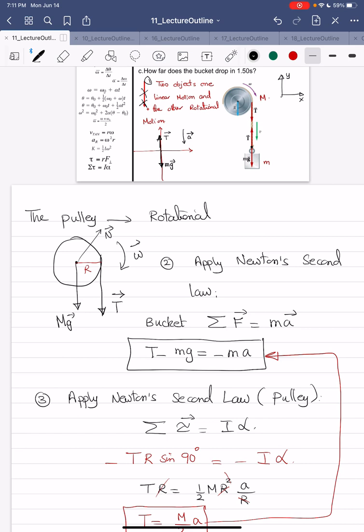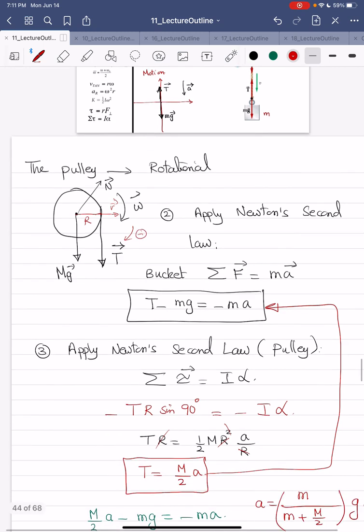If I ask you to draw a free body diagram for a pulley, you know that there is the weight and there is the normal, but they don't participate in the torque. The only one that is going to create the torque is the tension. And here I can say that the tension, this is my R, is going to create a negative torque.